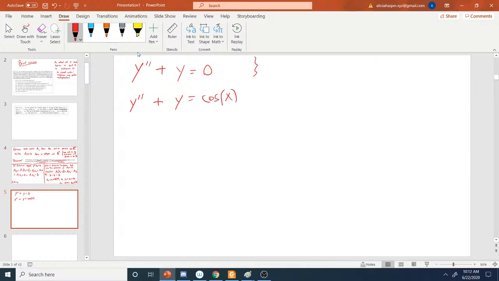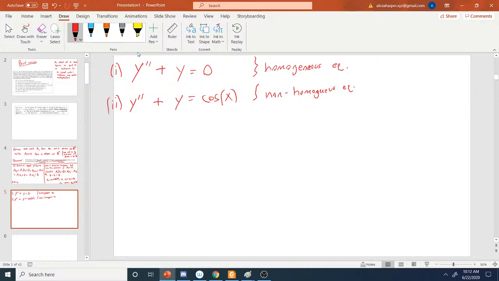This is called a homogeneous equation. And this right here is a non-homogeneous equation. So I'll call this 1, I'll call this 2.